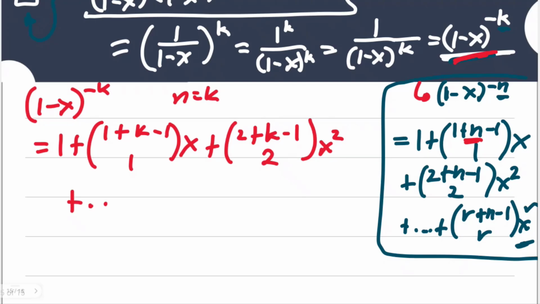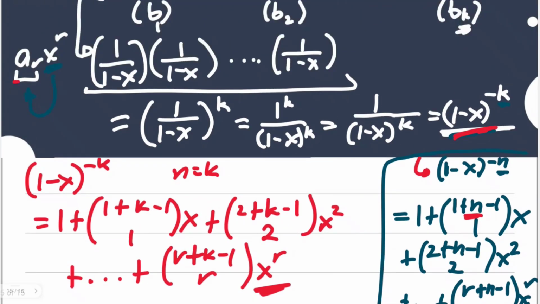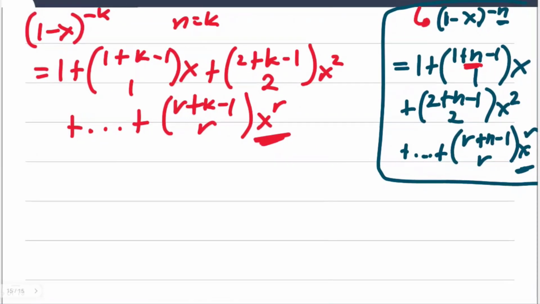And then you will reach a certain form of r plus k minus 1, combination r for our x to the power of r. Again, our task is to identify the numerical coefficient for this, which stands for a sub r for our general formula whenever we have a multi-set that has infinitely many multiples for each of the elements there.